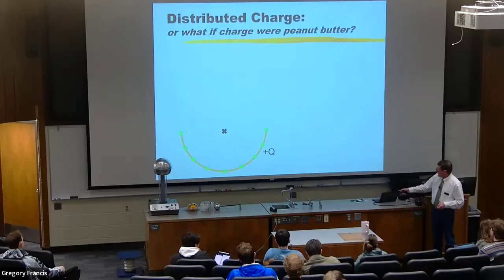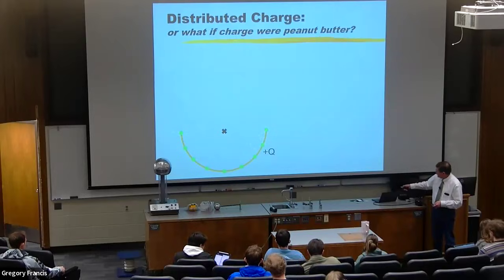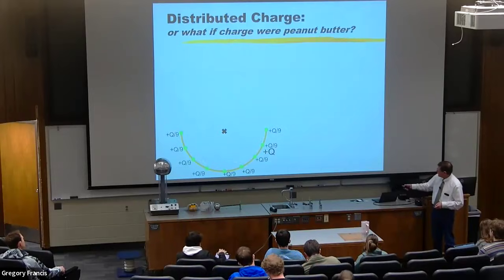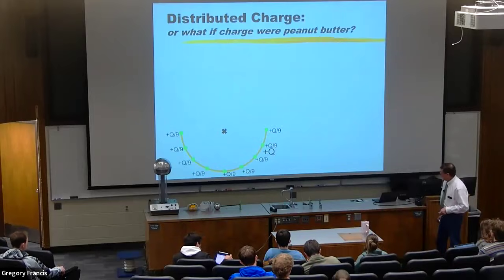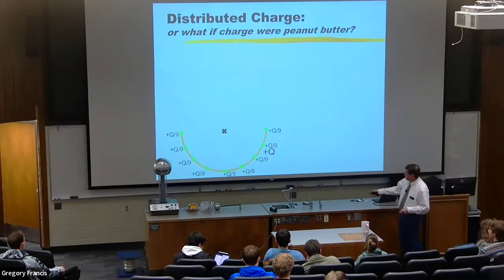And so each of these chunks, if I have 1, 2, 3, 4, 5, 6, 7, 8, 9 of them, each of those would have a charge of the total charge divided by 9. I could have made 1,001 points, but that would take us longer than we have. I did 9. Okay, if I look at the contribution due to this one here, it's going to be away, because this is a positive charge.